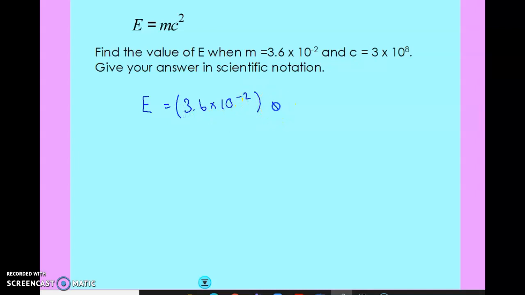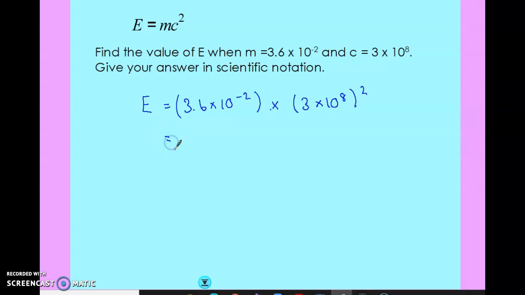I'm just putting that in a bracket so it's clear what it is. I've put that into a bracket so it's separated out from the operation. Sometimes with all the times signs with the times 10 to the power, it's just easier to see it that way. And I'm going to times that by 3 times 10 to the power of 8 squared.